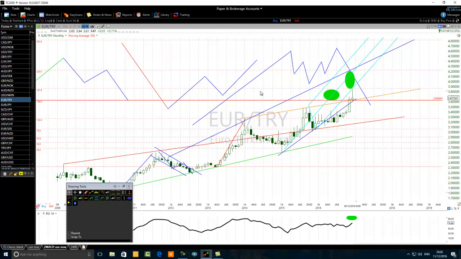When we have a zigzag and a flat together, making it a complex correction, that's a combination. When you have, for instance, a zigzag and a triangle and then a flat correction, that's a combination. So any combination of a flat, zigzag, and triangle, that's a combination. So those are the 4 types of Elliott wave corrections.